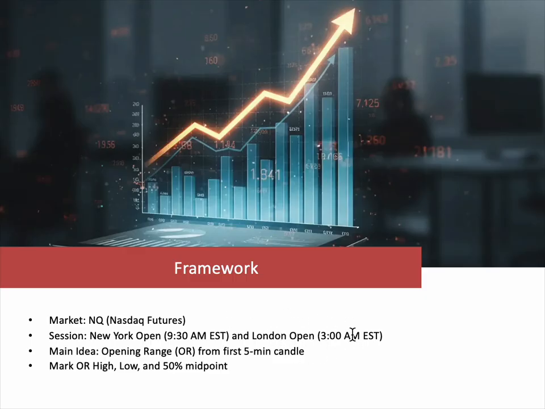I don't do London as much, but it does work on London, just so that you guys know. If you're going to wake up that early, it works for London as well. But I usually work with the New York session. The main idea is the opening range. So the first 5-minute candle, I mark out the high, the low, and the midpoint, which is the 50% on the Fibonacci tool.